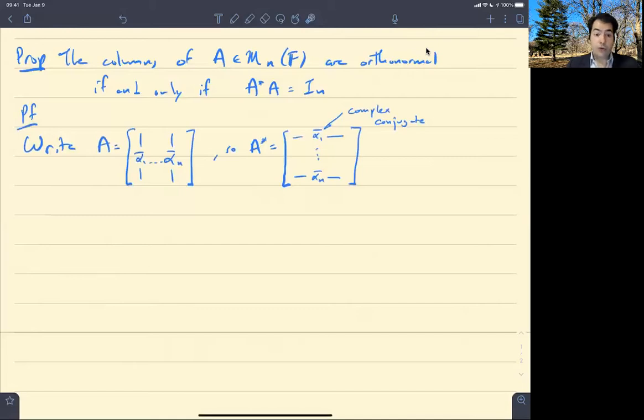Here, because we're using bars for vectors, you may not notice that this bar is different. This bar refers to the complex conjugate. So we're taking this column, writing it as a row, and then taking the complex conjugate of each of the entries. So beware the notational overlap there.